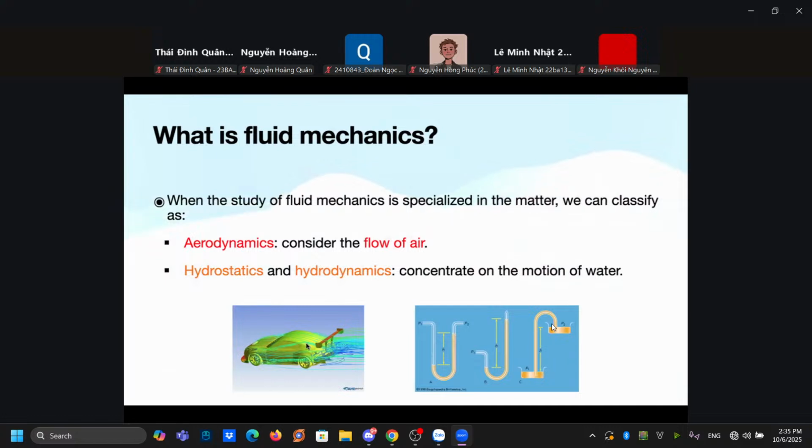For example, you make a simulation of the airflow going through the car to optimize the drag force, or like the airfoil of the aircraft that I mentioned before. The second is hydrostatics and hydrodynamics, which concentrate mostly on the motion of fluid, especially water.